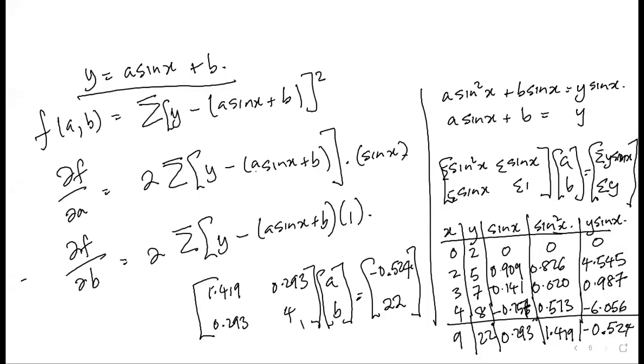Was that 4 or 41? That was 4. Sum of 1, sum of 1. There are 4 elements in the Y, so that would be 4.